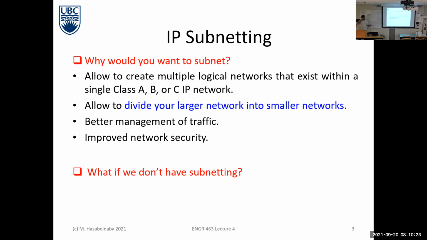So you will buy one class C IP range that can support 254 devices to serve only 20 devices, and another class C IP range to serve only 10 devices.